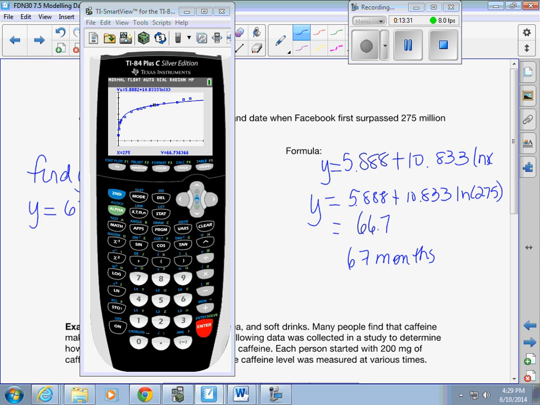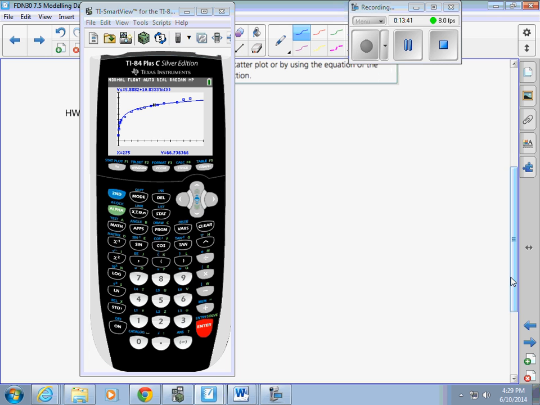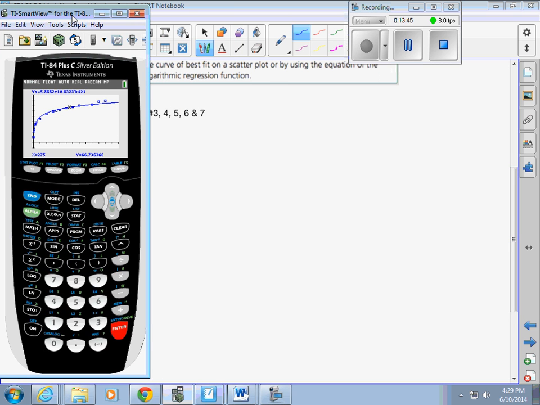So we're still going to flip to the back page here, just for you to do a little bit more work using this. So if we wanted to predict how many registered users did Facebook have 40 months after its launch date?